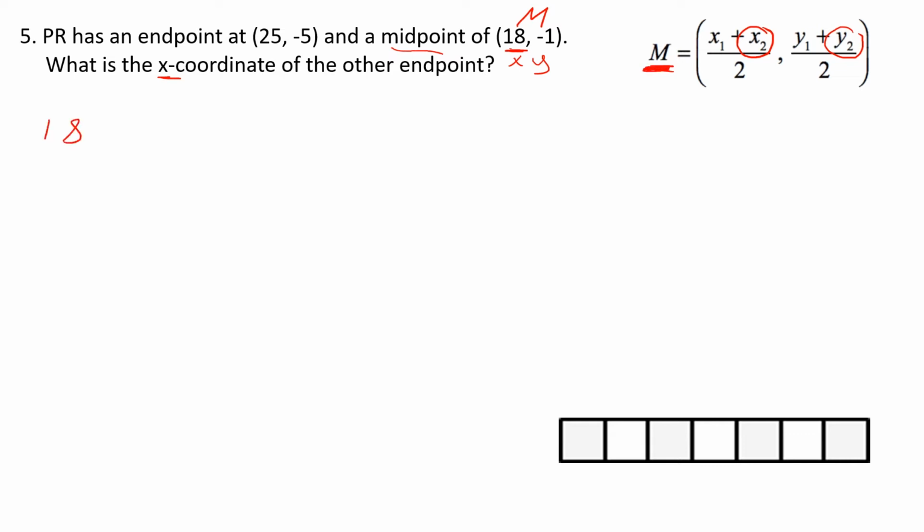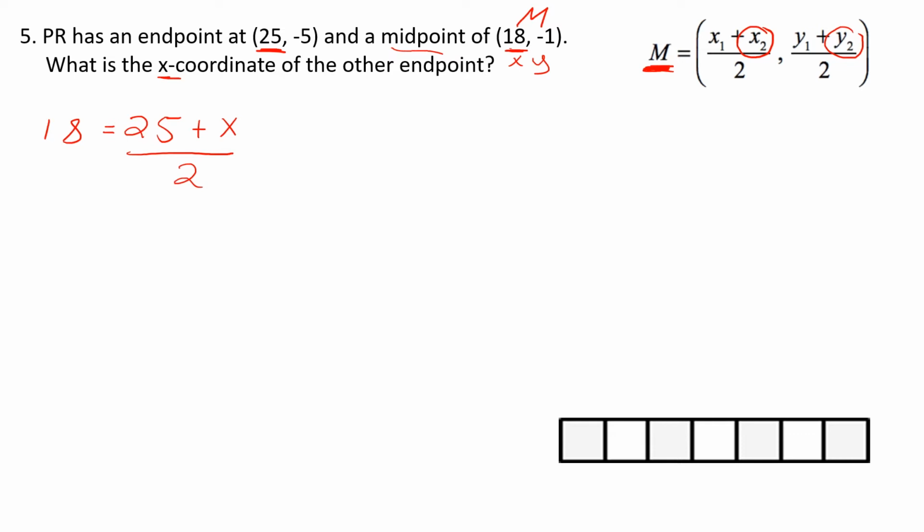So 18 is equal to x1 plus x2. So I'm going to use the x value from my endpoint here as my x1, and I'm going to find my other x value. I'm not going to put x sub 2, because that just makes the problem look a little more complicated. And I just really want that unknown variable there.